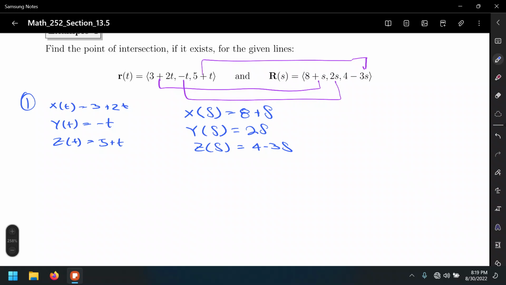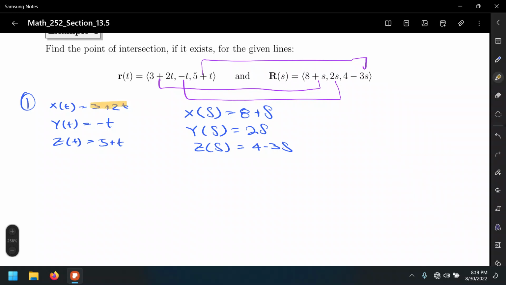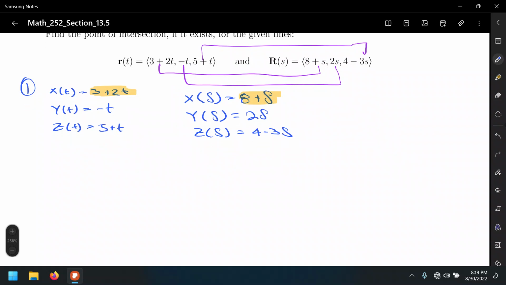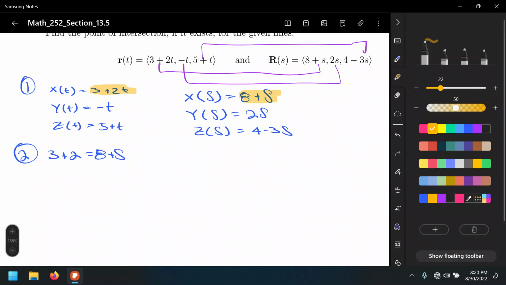So all we're doing is just changing the notation so we can set the quantities together. All right, so this is what we're going to do. Let's highlight. For the points of intersection, we're going to set 3 plus 2t equal to 8 plus s. And on the other hand, we're going to set negative t equal to 2s.